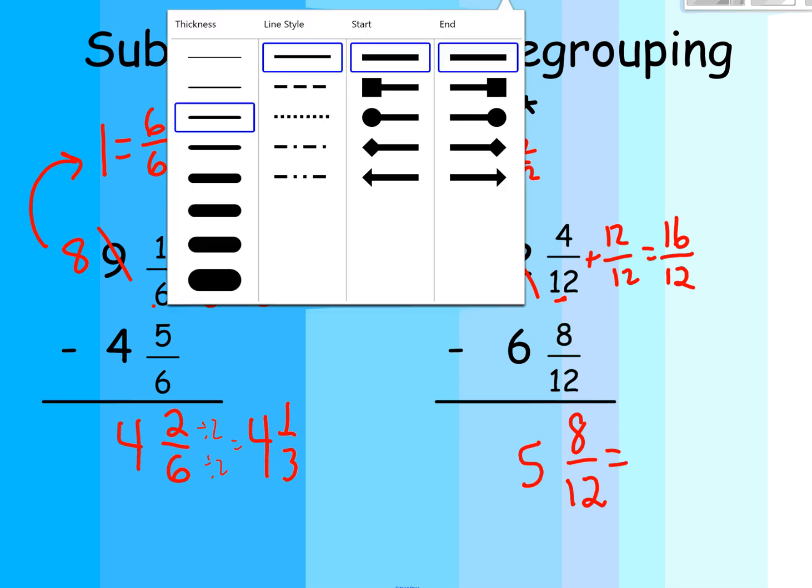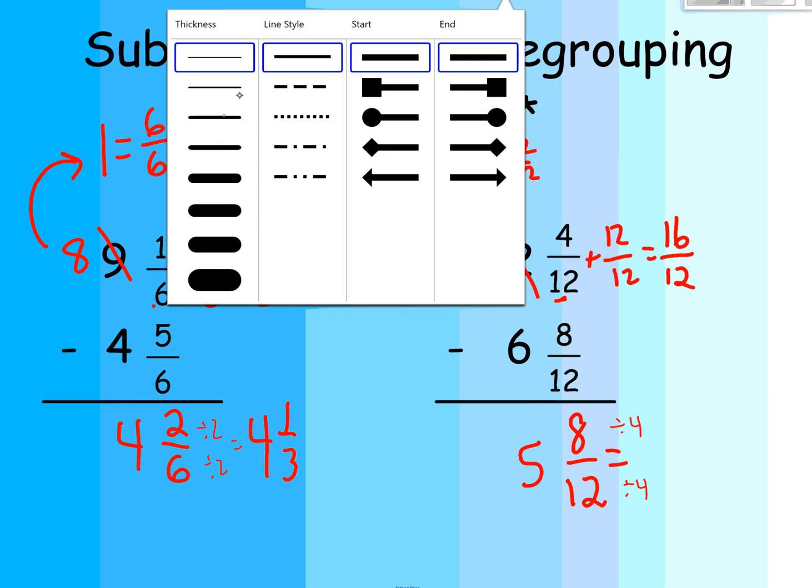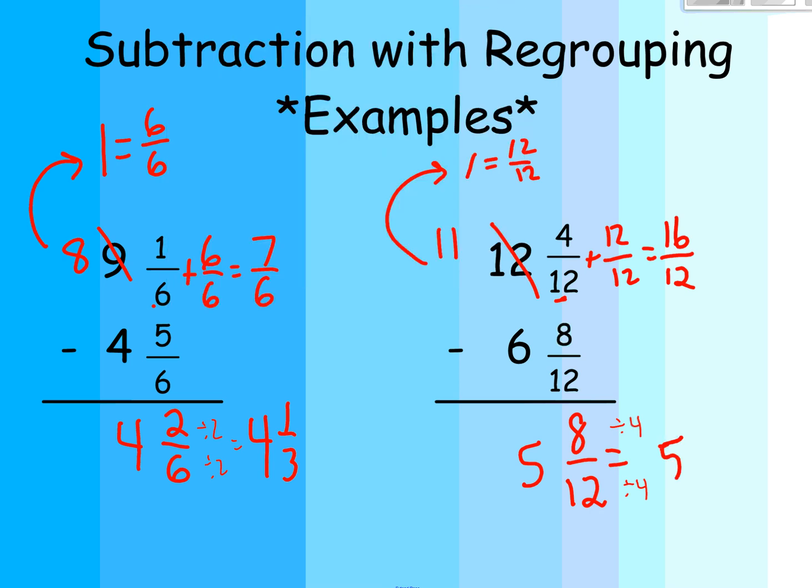This can be simplified as well. This time I can simplify by 4. And I would get 5 2/3.